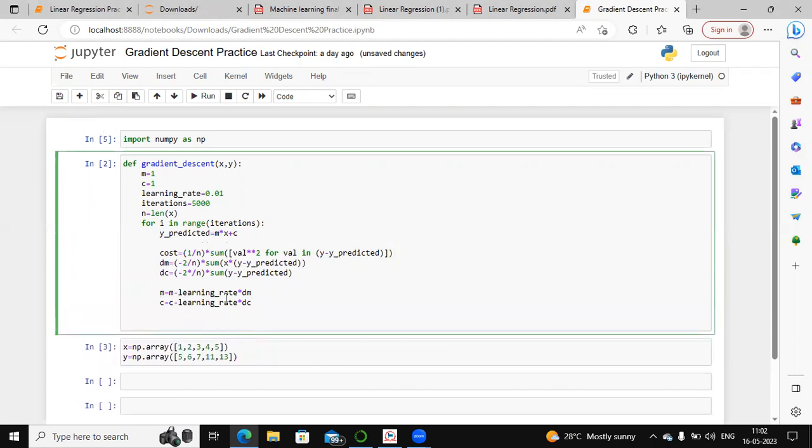So let's see, for each iteration we print slope equals, comma intercept equals, comma iterations, comma cost.